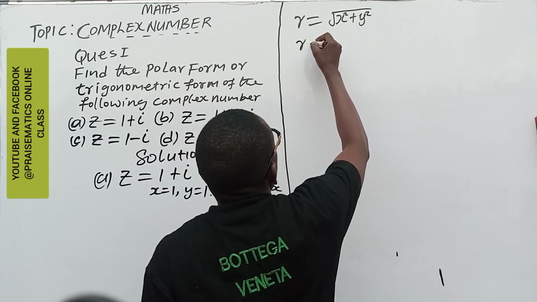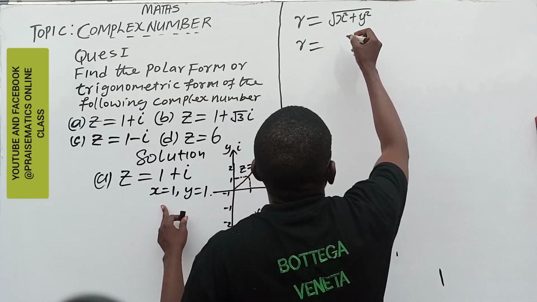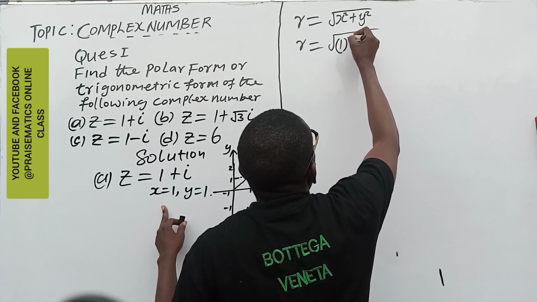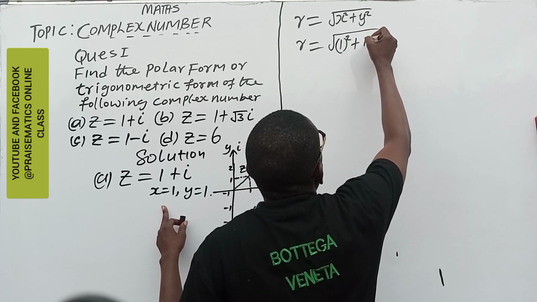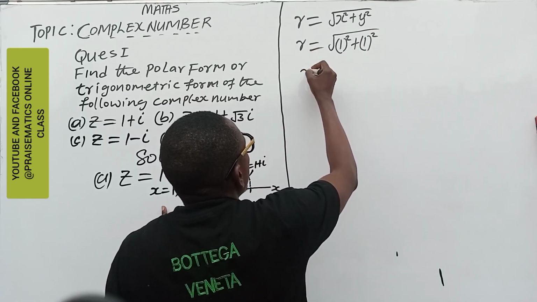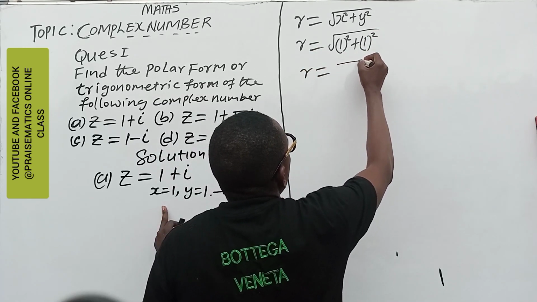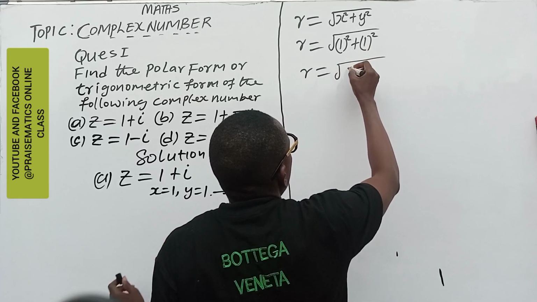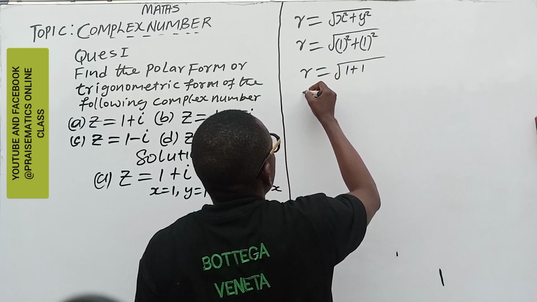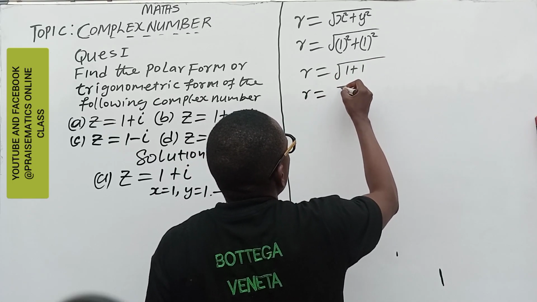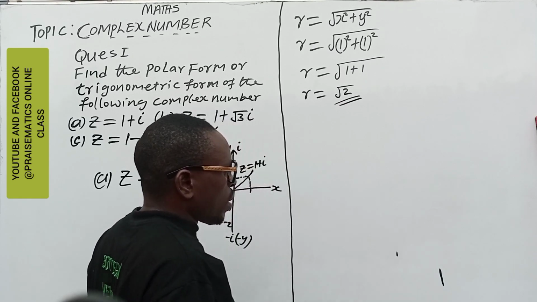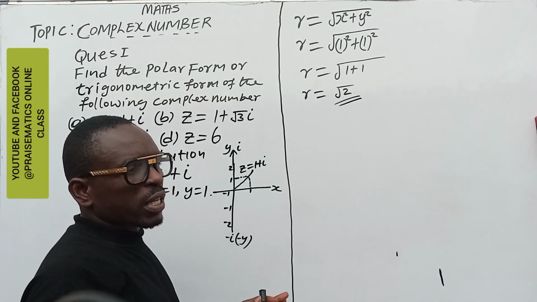Now our r is equal to, our x here is 1, so square root of 1 raised to power 2 plus 1 raised to power 2. So now what do we have? r is equal to the square root of 1 plus 1, which is r equal to square root of 2. So our r is square root of 2. That is the second step.